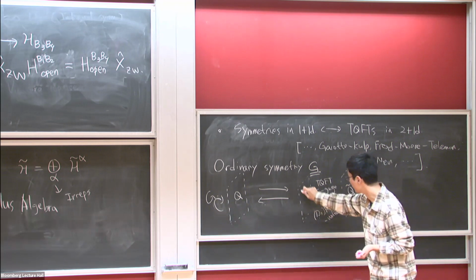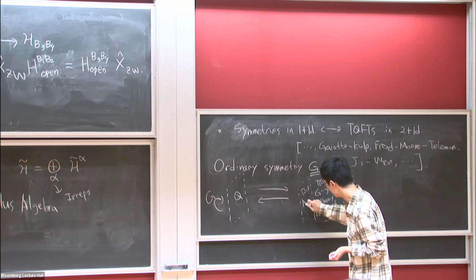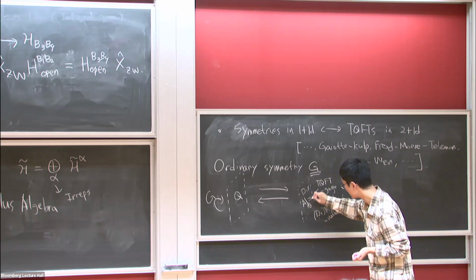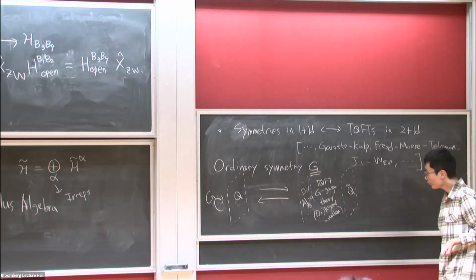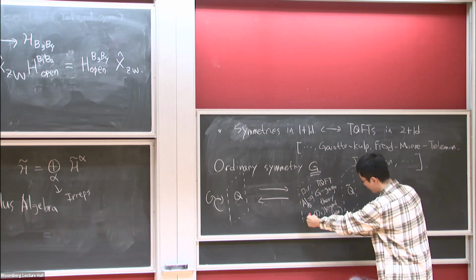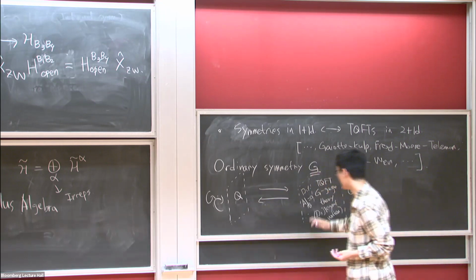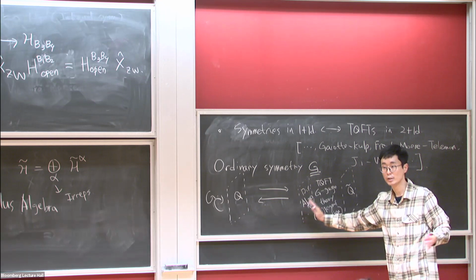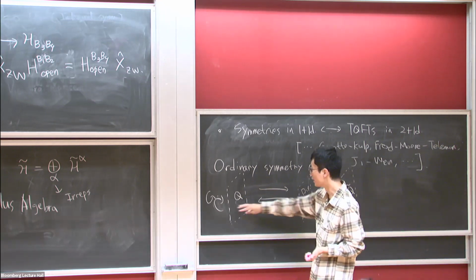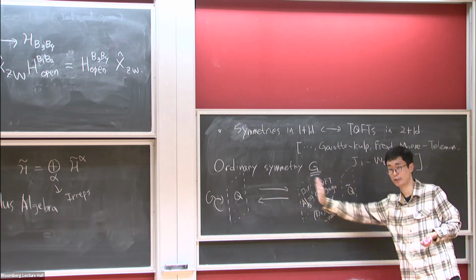And on the other side, you impose a Dirichlet boundary condition, where you require that your gauge field restricts to be trivial on the boundary. The relation is that if you start from this side and you make the interval very small, so you do a dimensional reduction, then you recover the left-hand side, because on this side of the boundary, you set the gauge field to be 0. And also you can go the other way. Every such theory clearly will define such a boundary condition by just coupling to the bulk gauge field.